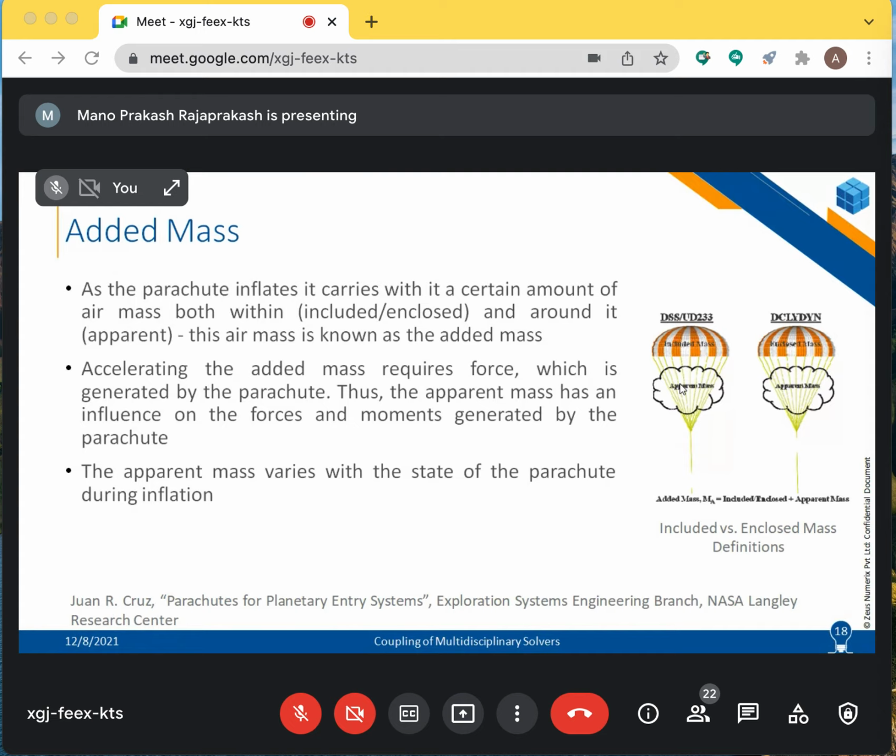If you look at the rates, it is going to have a very high value at the start of the inflation, and ultimately it is going to go to zero by the time the parachute starts entering into the steady descent. So this added mass consideration is also very critical when we model the parachute and payload system dynamics.